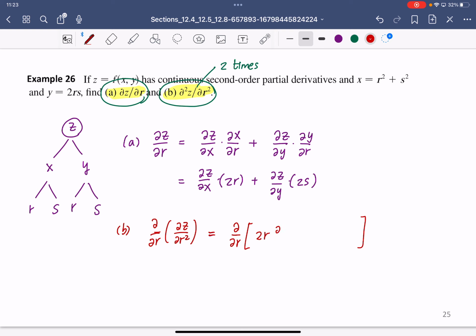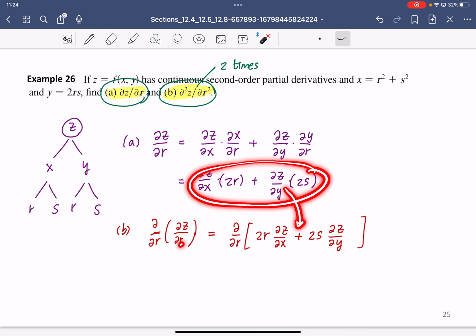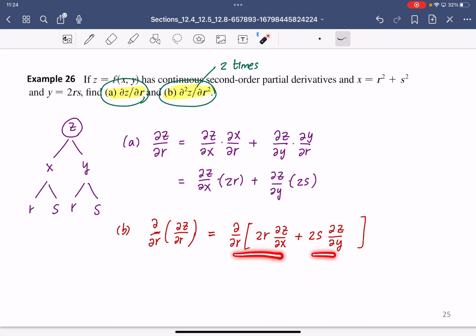So it's 2r ∂z/∂x plus 2s ∂z/∂y. What would you do? This is part B, ∂/∂r and ∂²/∂r². Okay, ∂/∂r of that one, so you first need to plug in this thing inside here, and then you split this term and this term because this is a plus sign.